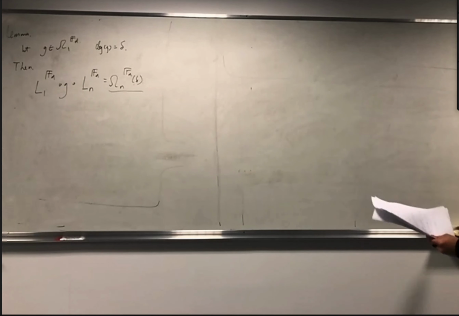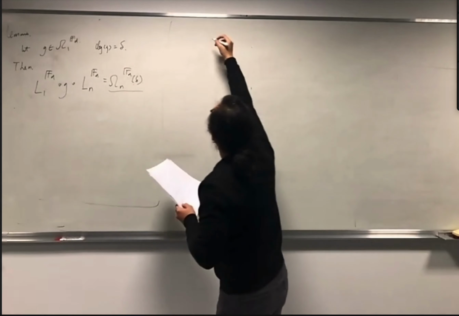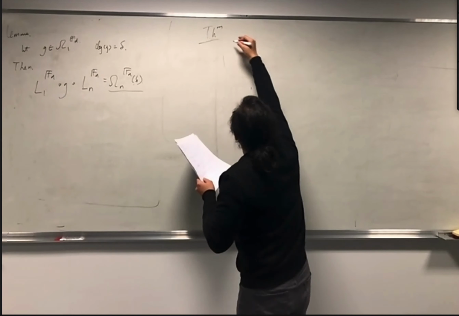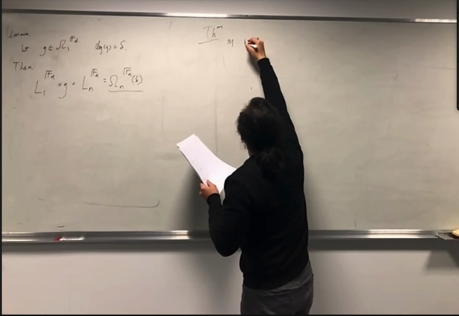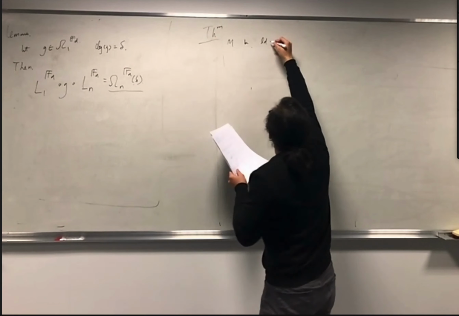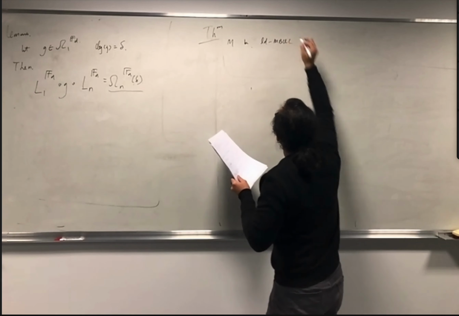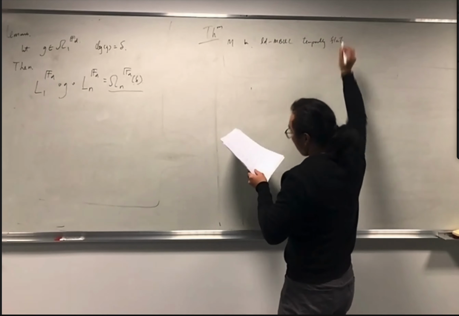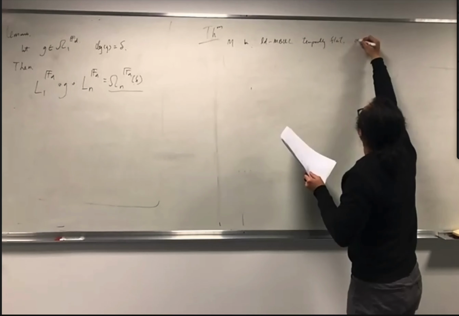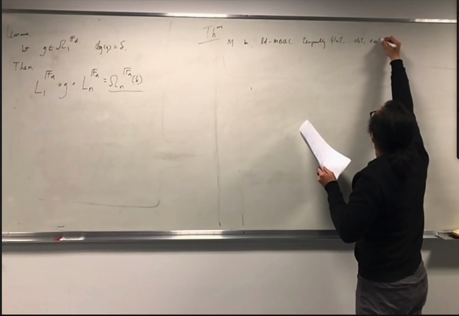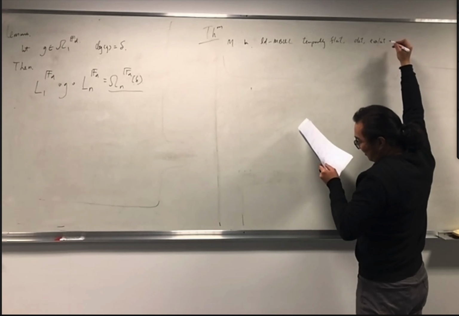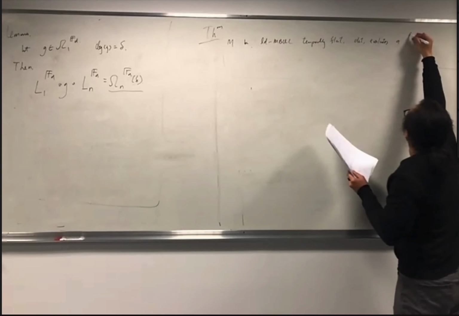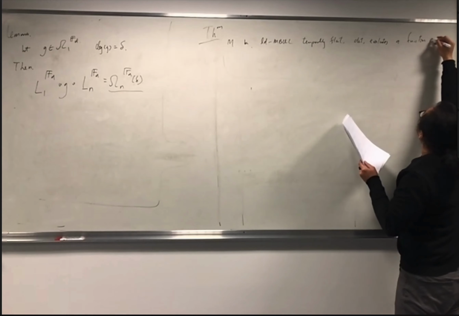These are two results that we need to state the final theorem. This is the final theorem. Let M be a linear-over-set mod D MBQC which is temporally flat, so it deterministically evaluates a function.